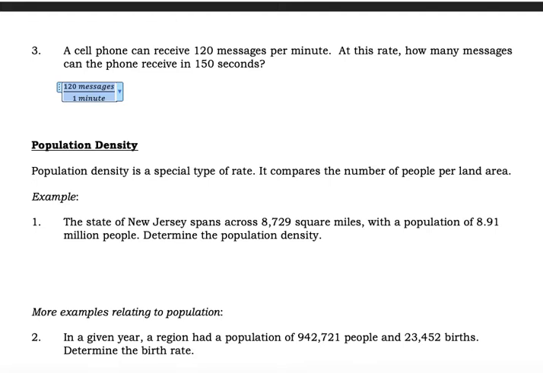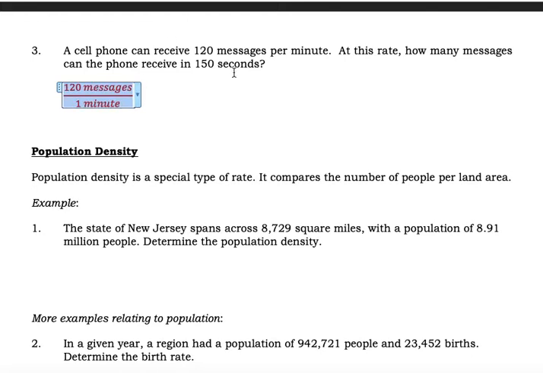But what's tricky about this problem is that I want to know how many messages the phone can receive in 150 seconds. So this value is being expressed in seconds, not minutes.